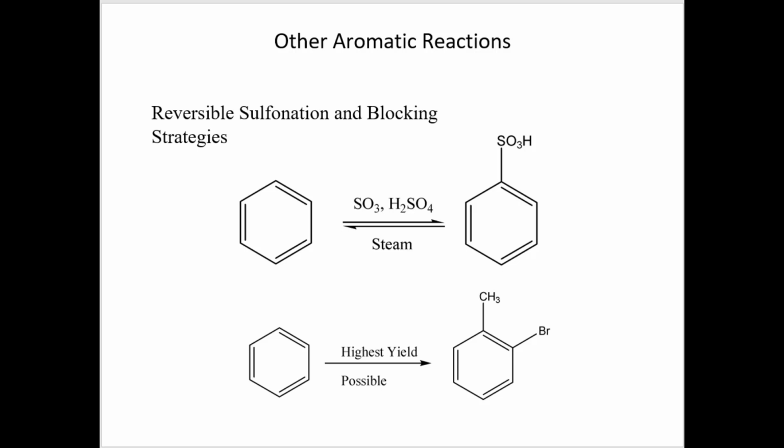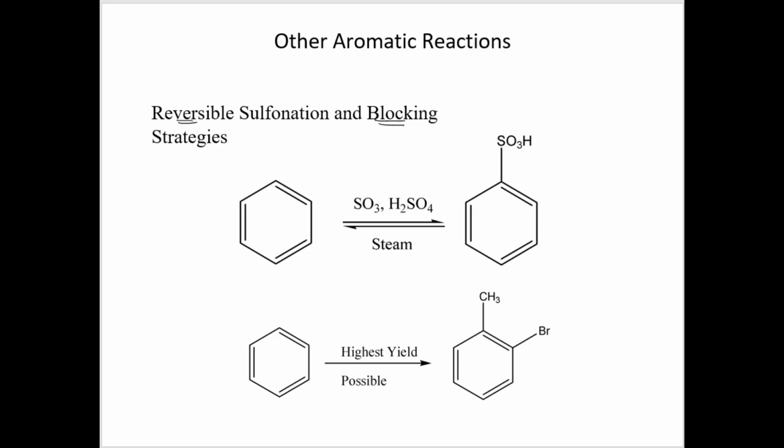In order to do that, we need to talk about what's called blocking. And blocking is exactly what it sounds like. Let's put a group on the ring that blocks that position. But in order to do that, I have to be able to take that group off, so this needs to be reversible. The one reaction that we've talked about that is reversible is sulfonation.